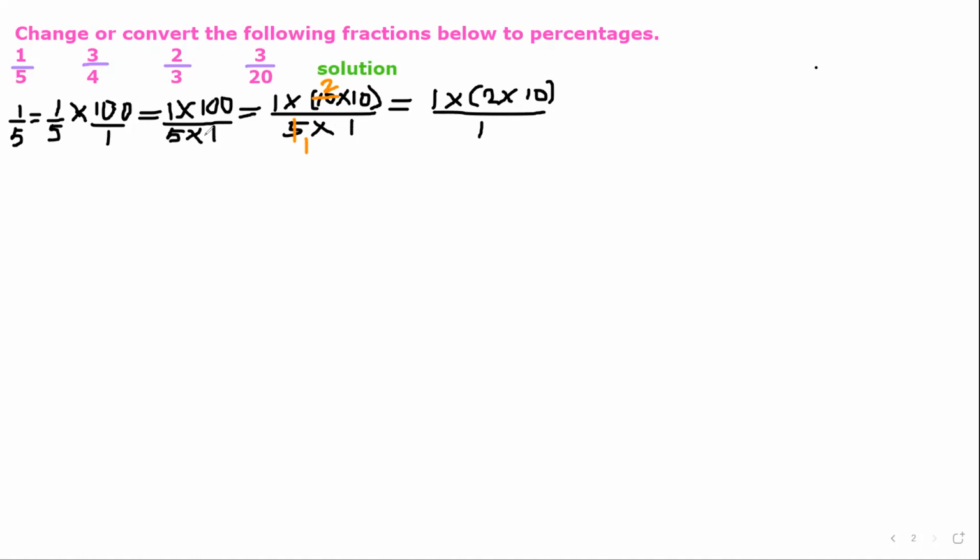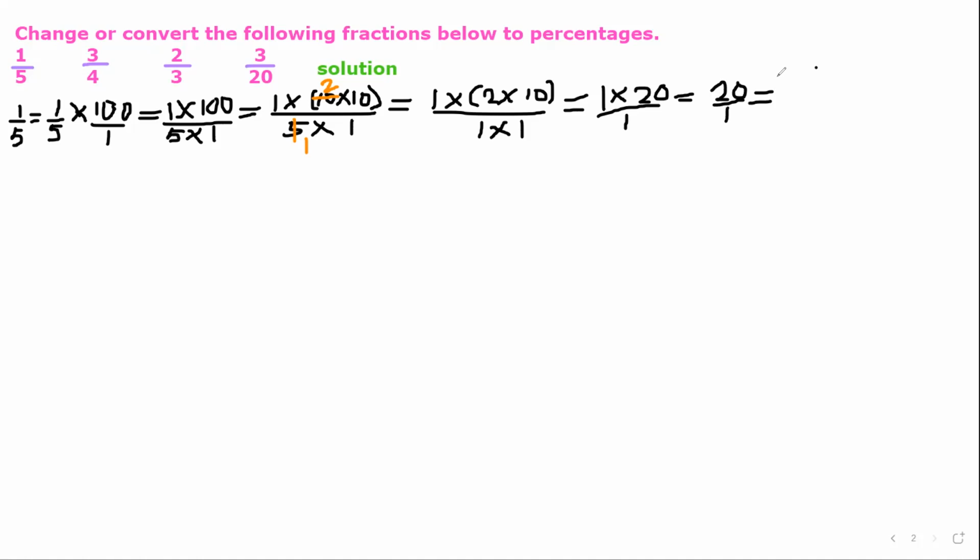Here was 1. Okay, because let me bring this one. The remaining numbers here is 1 times 1, and then you multiply them, which is 1 times, then you multiply the one in the bracket first, which is 2 times 10 is 20 over 1, and that is 20 over 1. 20 over 1 is the same as 20.